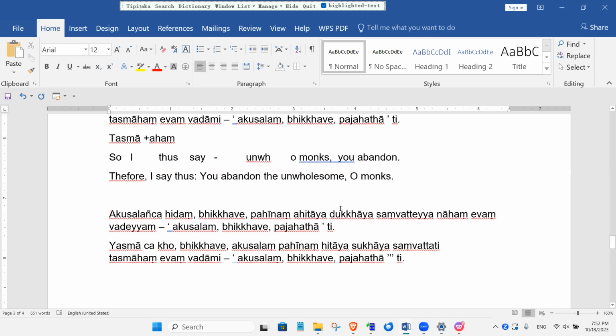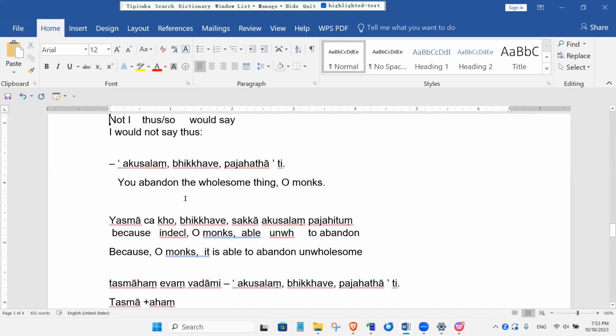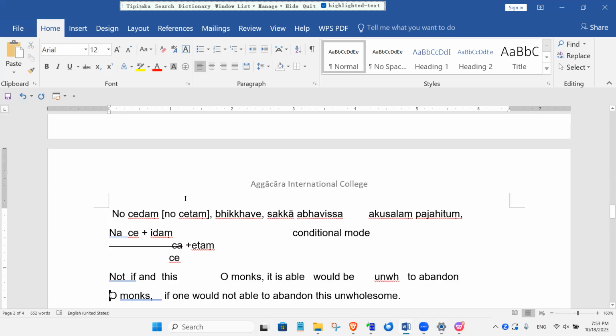Now this sentence is getting long, but you can break at the verb here, "saṃvatteyya". Same, unwholesome, "idam". Now you can see this "idam" here. Previously you had this "idam"; here should be this "idam".